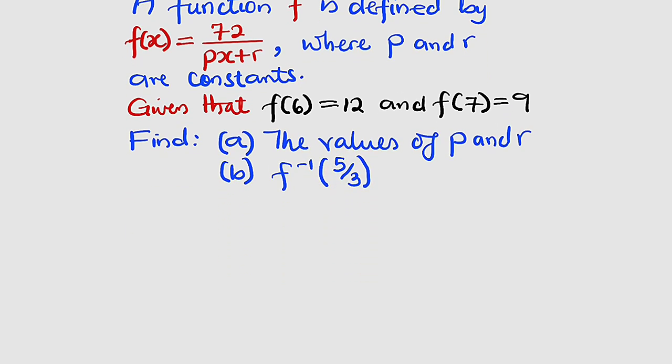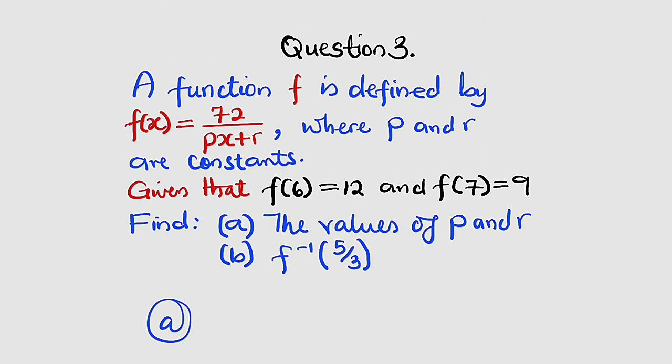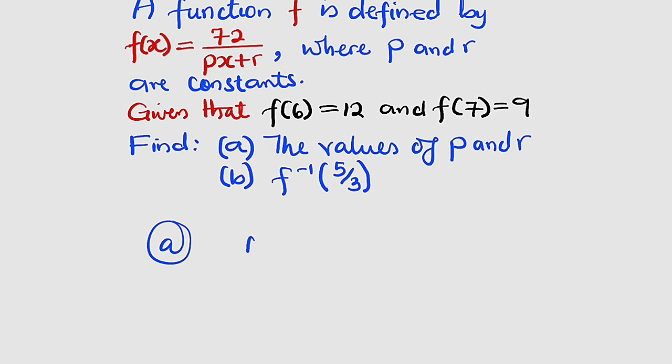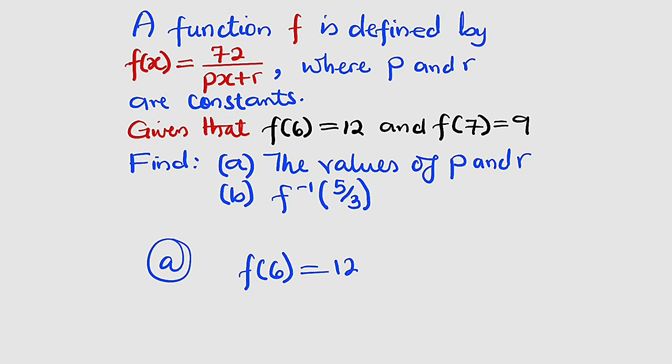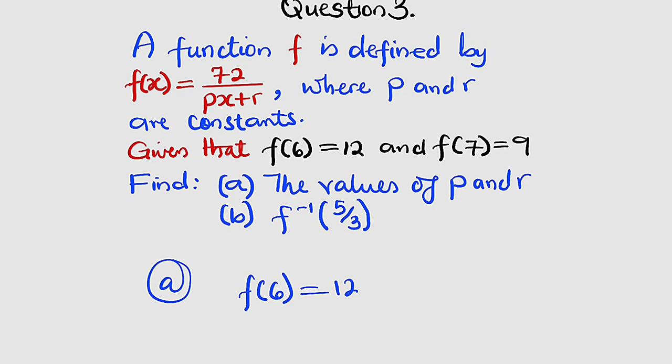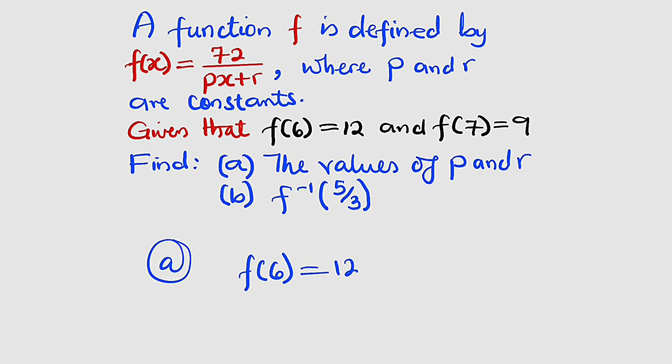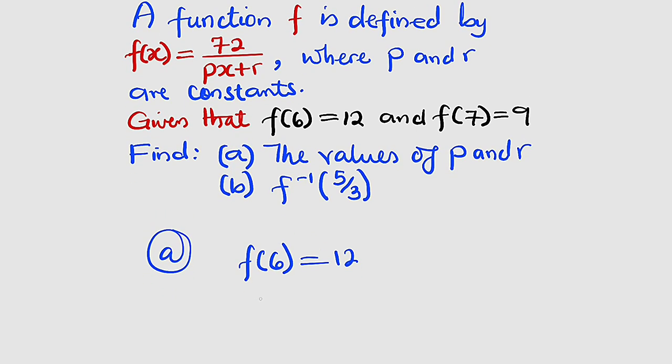Let's get started. The first one, we are given that f of 6 is equal to 12. What does it mean? It means that y is equal to 12 when x is equal to 6. So in the main function, we are going to substitute f of x to be 12 equal to 72 divided by px, that is 6 times p, that is 6p, then plus r.